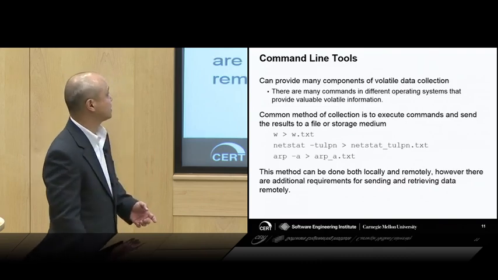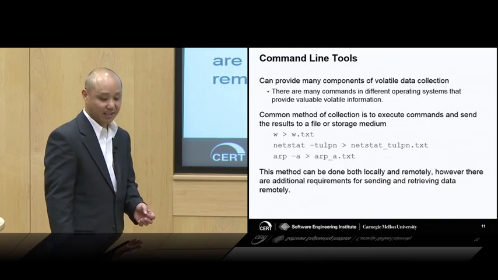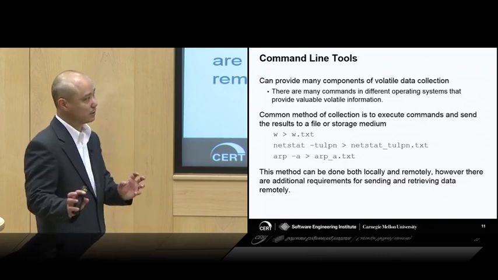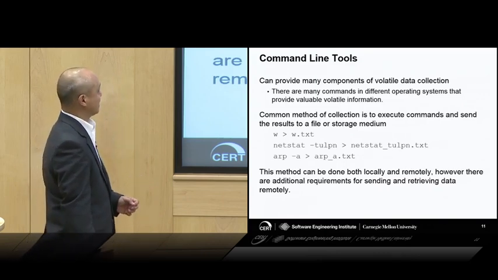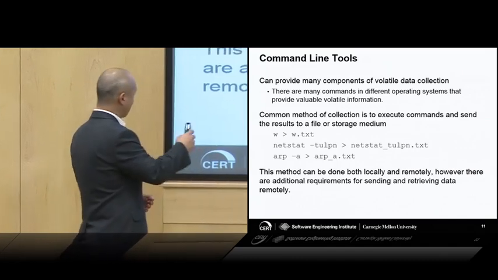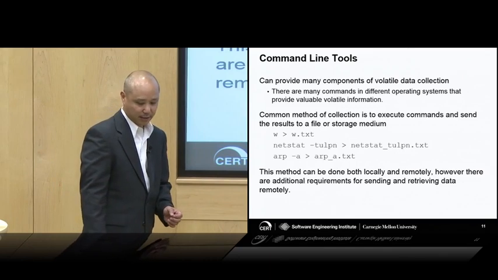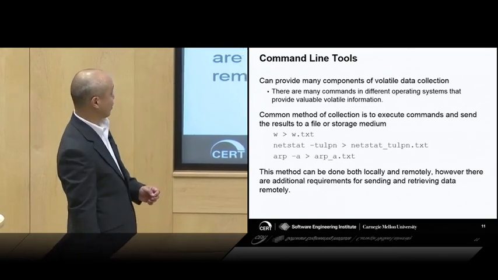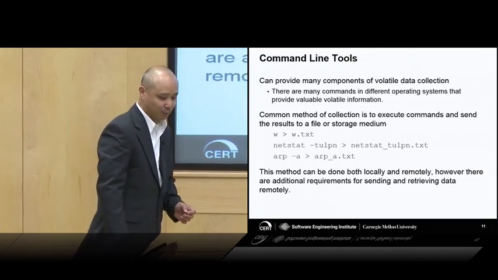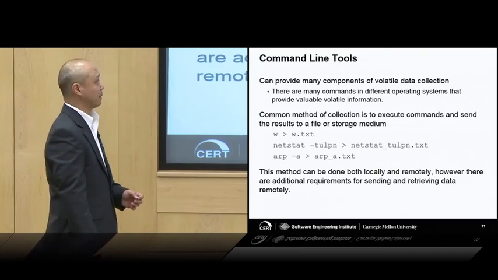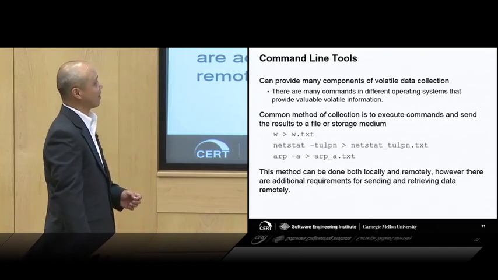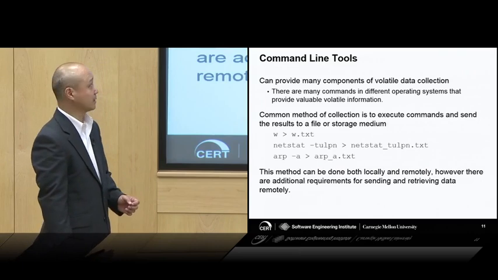The command line tools are less thought of as forensic tools. But take the w command, which lists who's logged in, and you use redirection, the less than or greater than, whichever way you want to put that, to put that into a text file. That's a perfectly legitimate way to gather things using the command line.